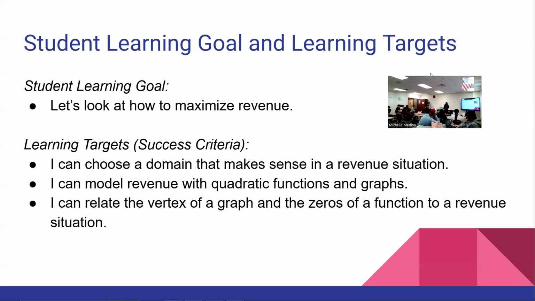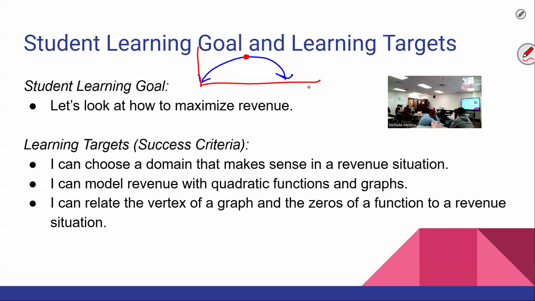So the reason why that's in this unit is because it can be represented by a U-shaped graph. Namely one that looks like this. Because there is a part where they can get maximum revenue, and there is usually two values that they would make no money off of.